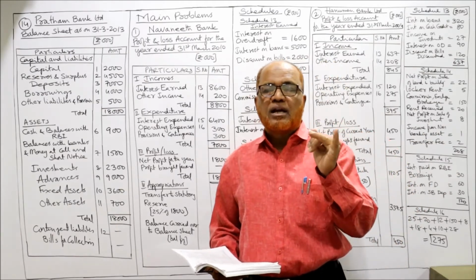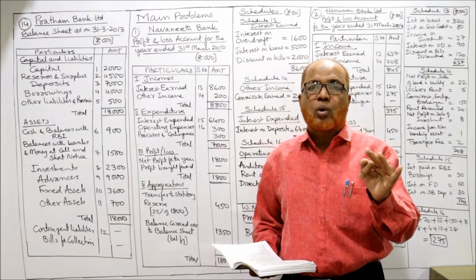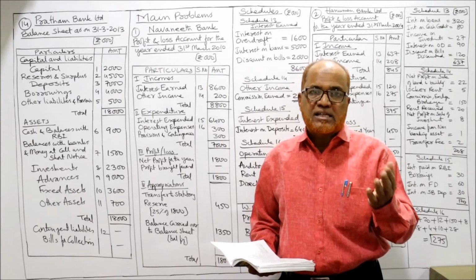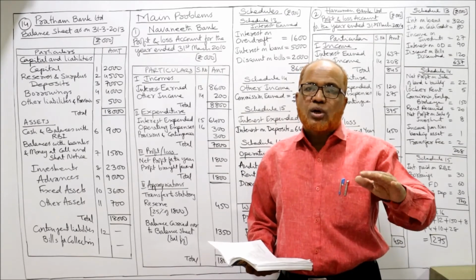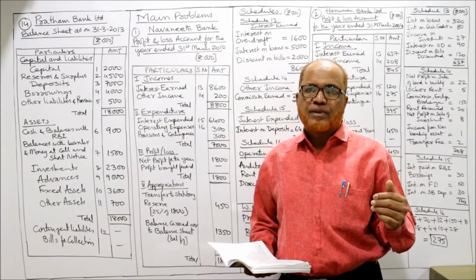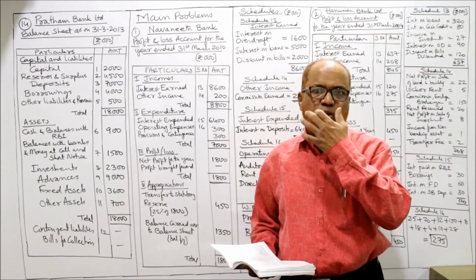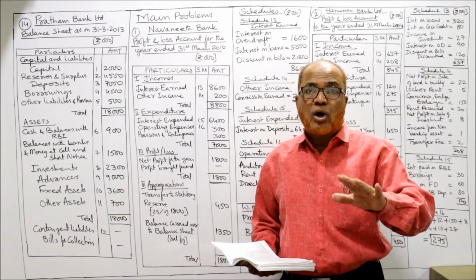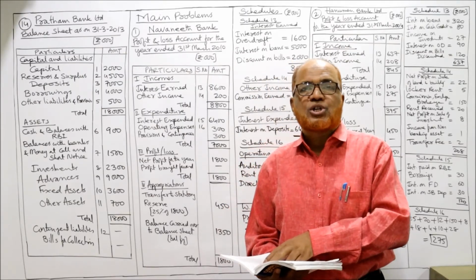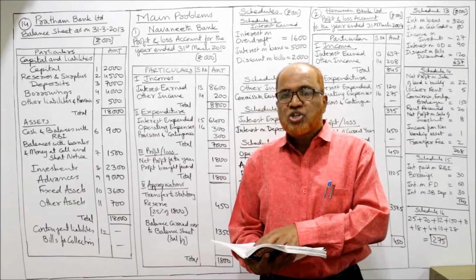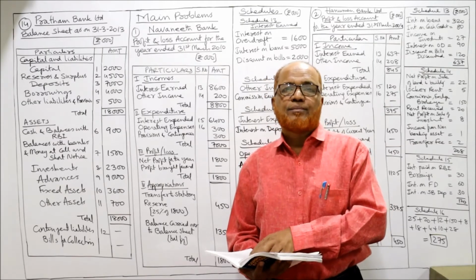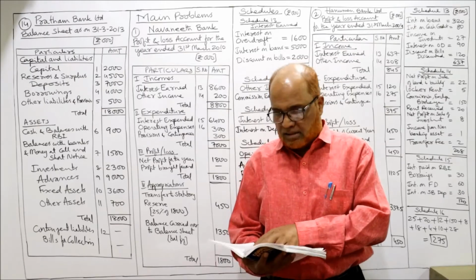Interest on loan, interest on cash credit, interest on overdraft, this is interest on advances. That is income, interest earned, 13th. Interest on SB deposit, fixed deposit, current account etc. all the interest paid on deposits will be taken under interest expended. So here interest on deposit, schedule 15. Commission earned, other income. Interest on overdraft, it is interest earned, 13th.